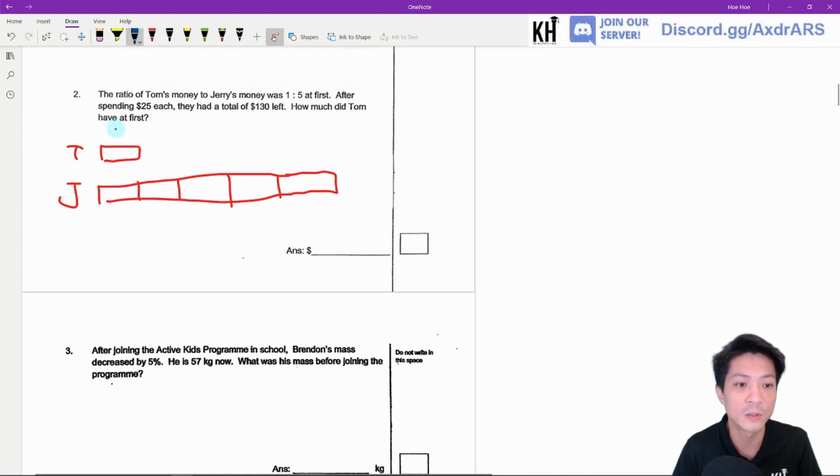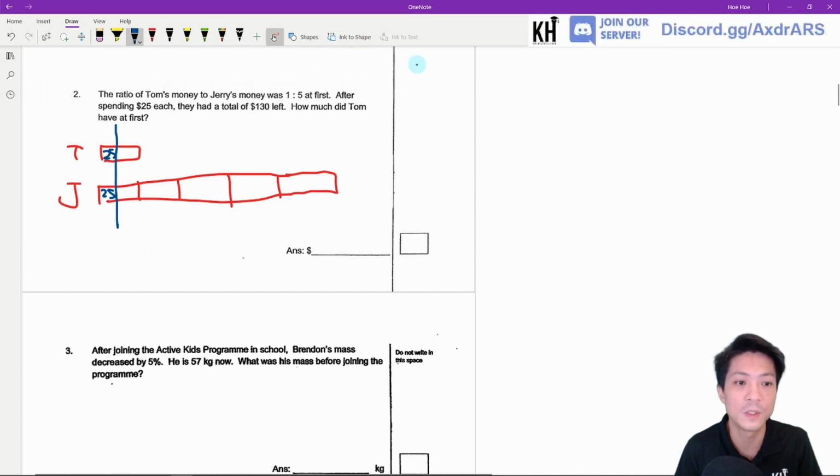Okay, after spending $25 each, I usually cut from the behind. 25 will be here, 25 will be here. They had a total of $130 left, which means that this part here is $130.